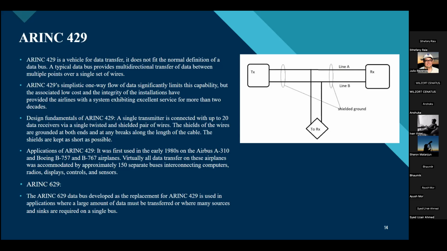It was used in the 1980s by the Airbus A310 and Boeing 757 and 767s. And the new upgraded version of it is called ARINC 629, and it's a single bus, sadly. But yeah, it's better and it can transfer data faster compared to ARINC 429.